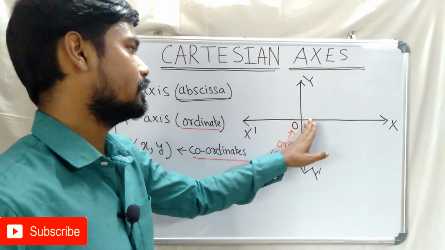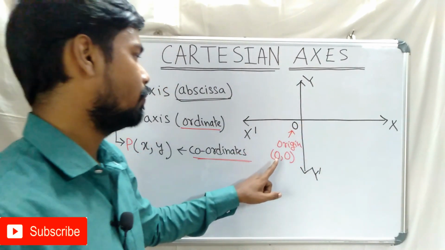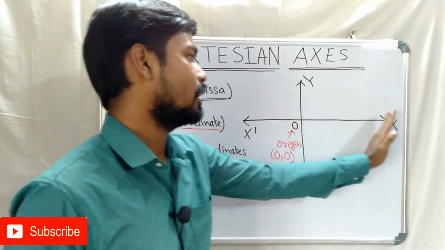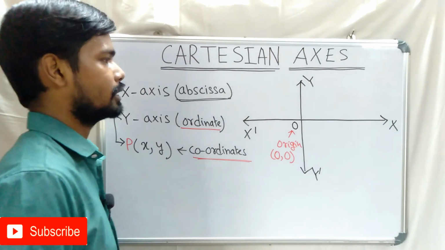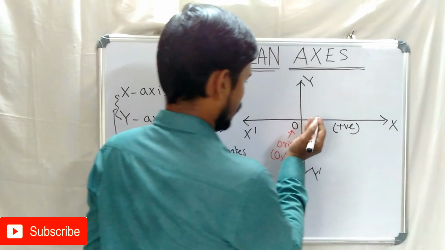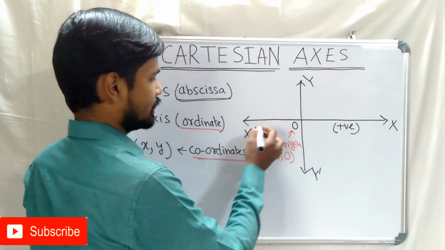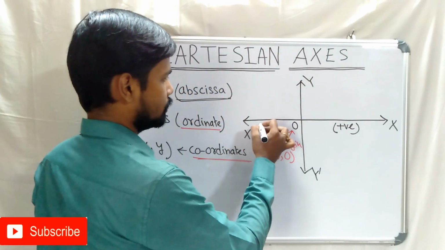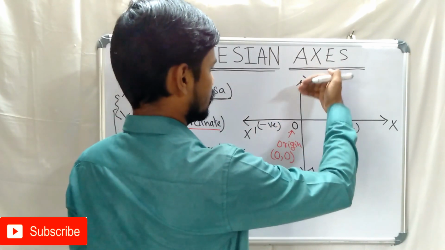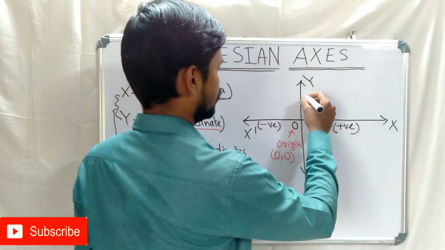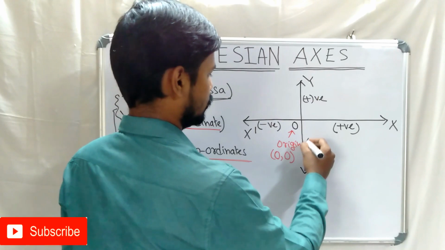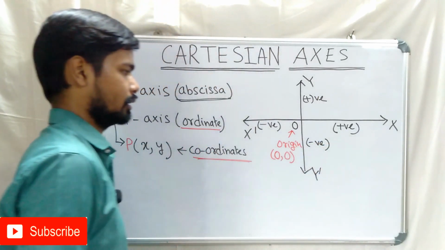As the x-axis starts from this point O, on the right hand side we take the x-axis as positive, and the left hand side of the origin, X prime, is the negative direction. Similarly, upwards the y-axis is taken as positive, and downwards from the origin is known as the negative y-axis.